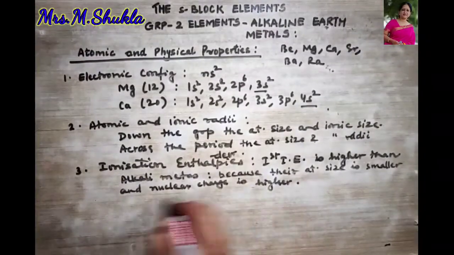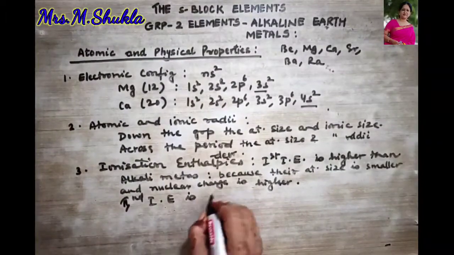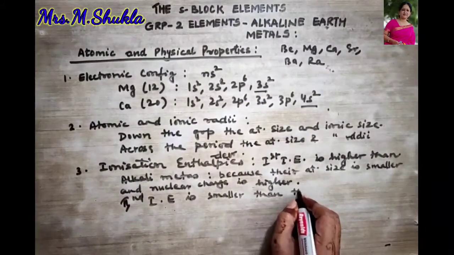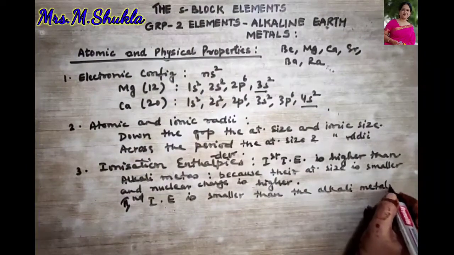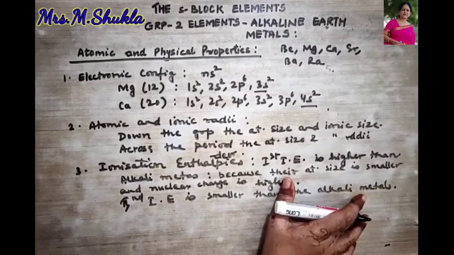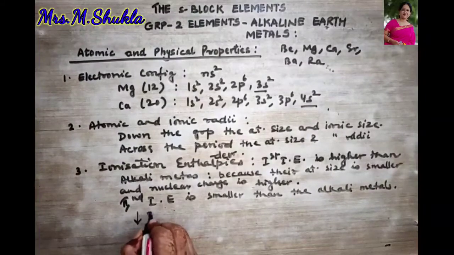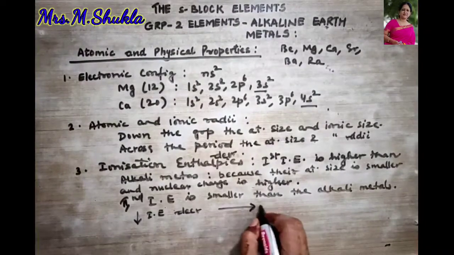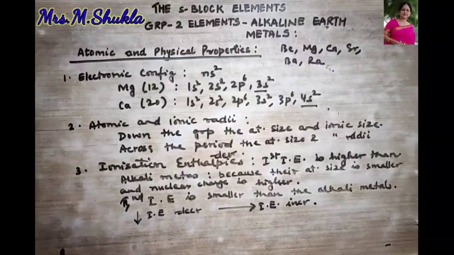Correct? But the second ionization energy is smaller than the alkali metals. I hope till here it's clear. Okay, then we know down the group ionization enthalpy decreases, and across the period ionization enthalpy increases.